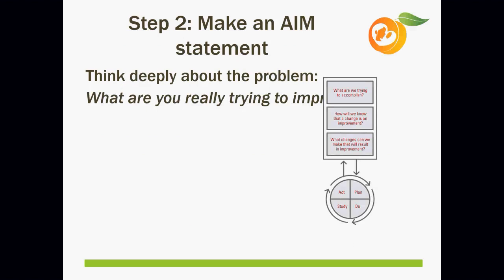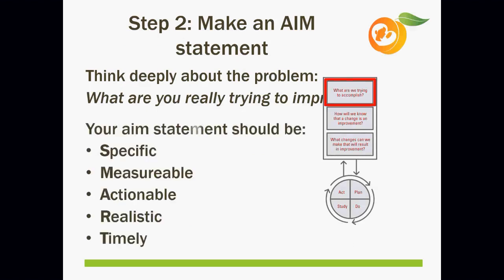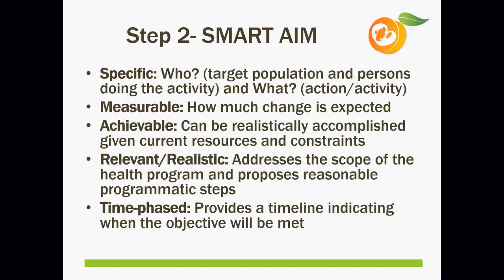It has to be measurable. How much change is expected? Then it has to be achievable. Can it be realistically accomplished given what we have, the resources and the constraints? And it has to be relevant and realistic, address the scope of the program, and propose reasonable program steps.